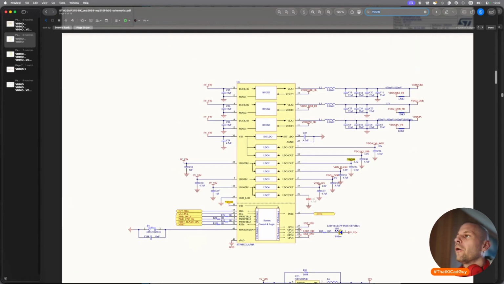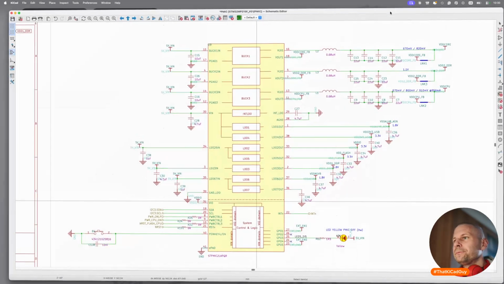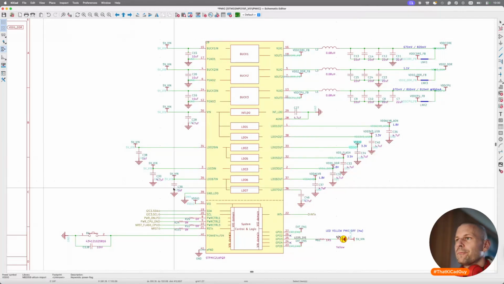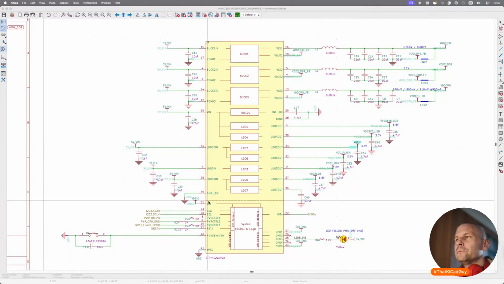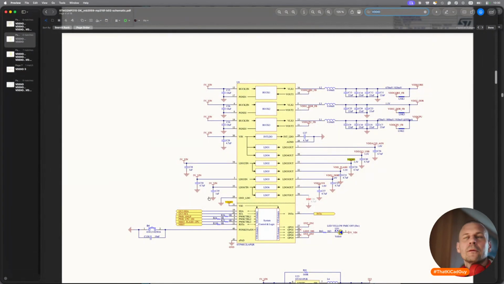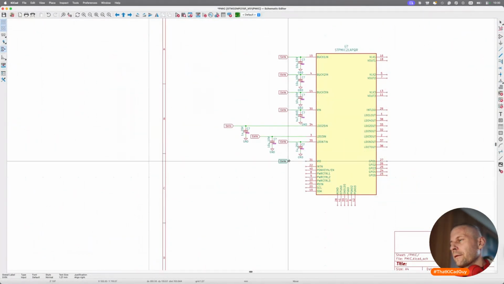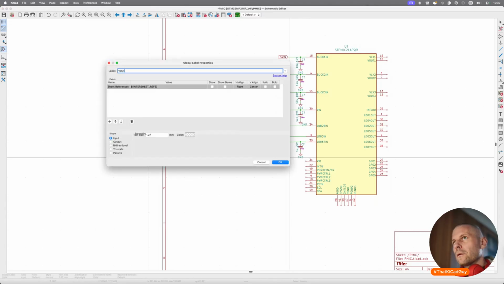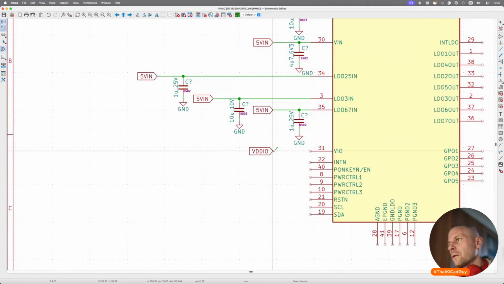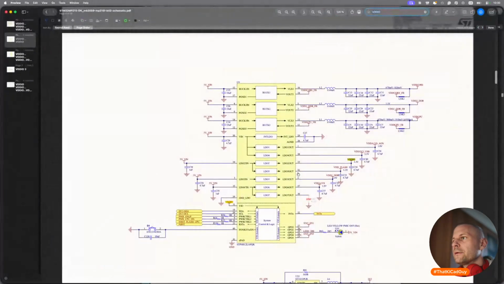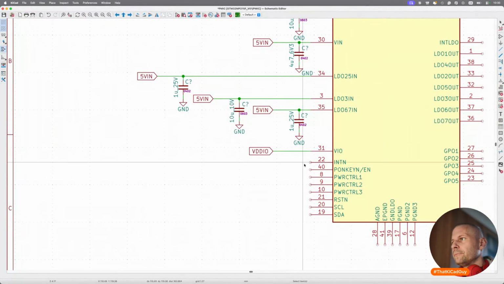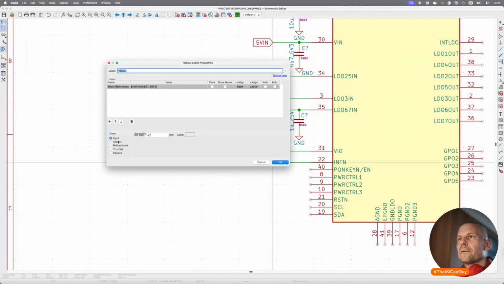Here, 3.3. Oh, I didn't see it. Yes, here, sure. So VDDIO, just the label. INT N is INT N. No pull-up. PMIC INT N.